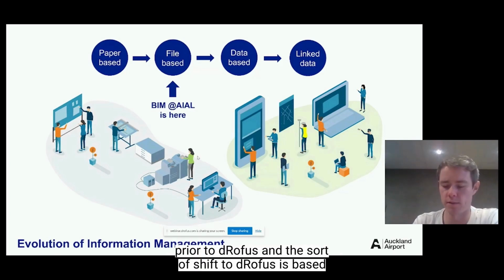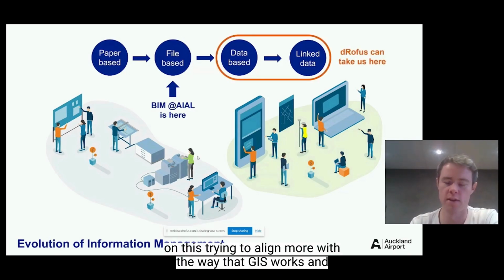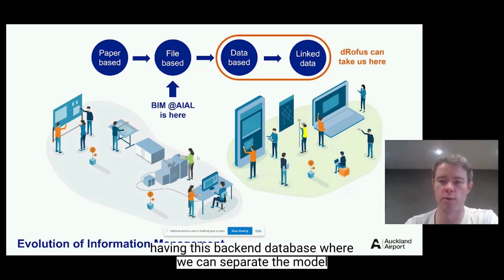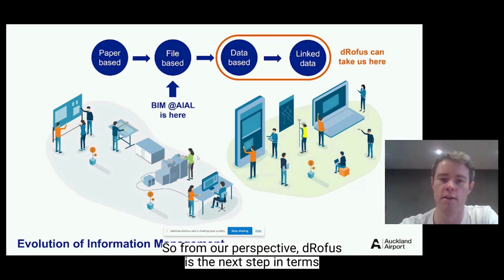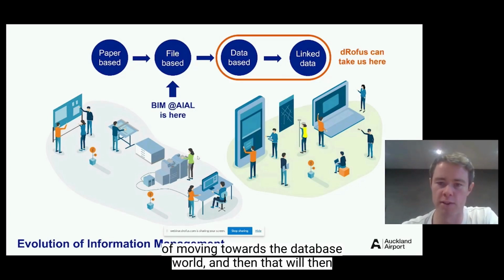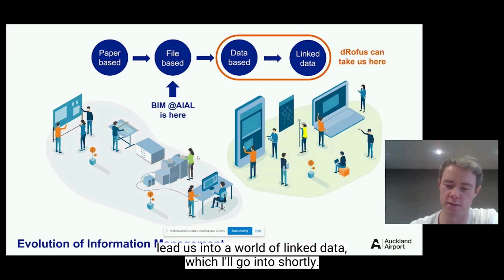The shift to dRofus is based on trying to align more with the way GIS works, with a back-end database where we can separate the model geometry from the data and have the data managed in a database. From our perspective, dRofus is the next step in moving towards the database world, and that will then lead us into a world of linked data, which I'll go into shortly.